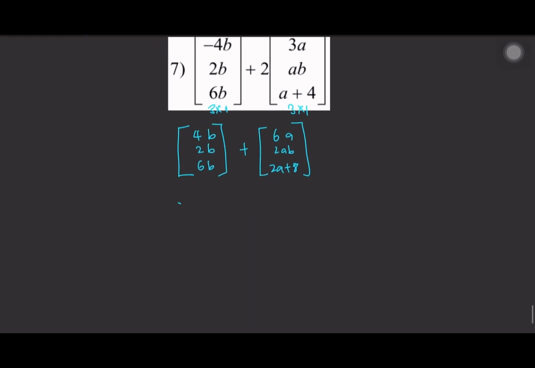When you add them together, it's pretty simple: 4b plus 6a, 2b plus 2ab, 6b plus 2a plus 8. And that's your answer.